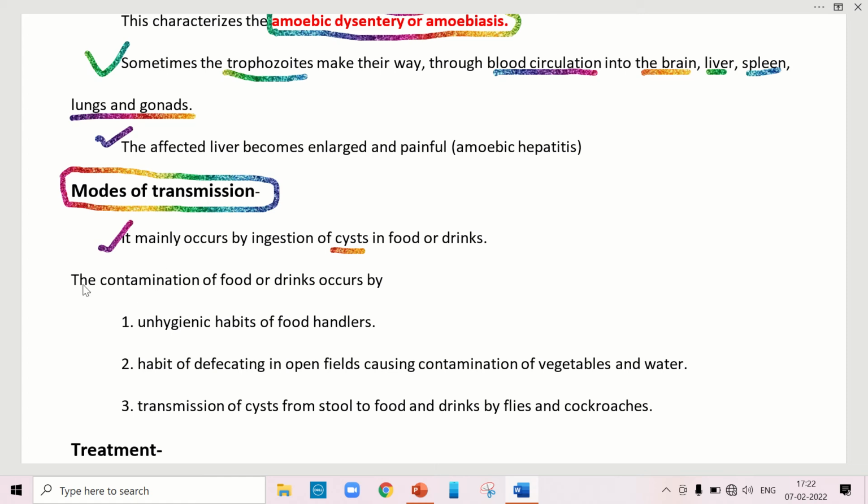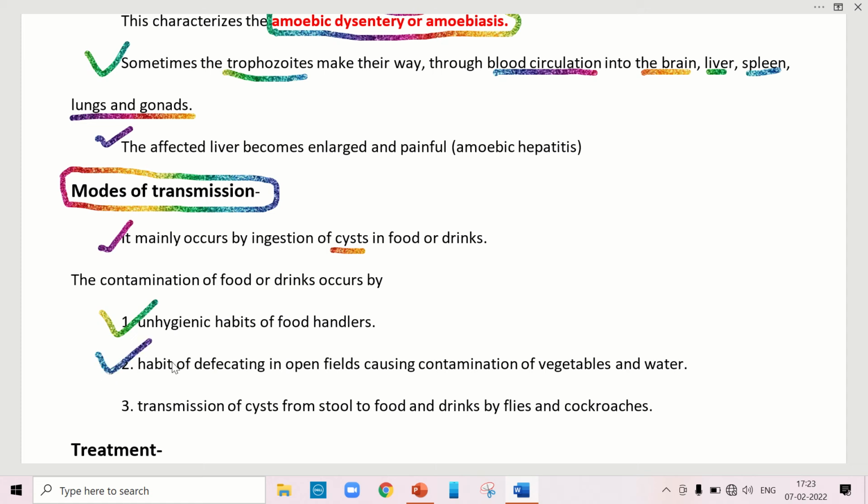That is, due to contaminated food and drinks, these parasites enter the human body. The contamination of food and drinks occurs due to unhygienic habits of food handlers. That is, cysts can enter the food or drinks due to unhygienic habits of food handlers.